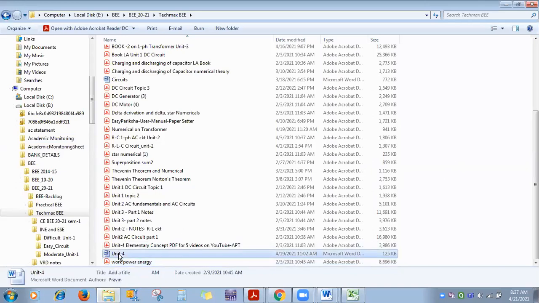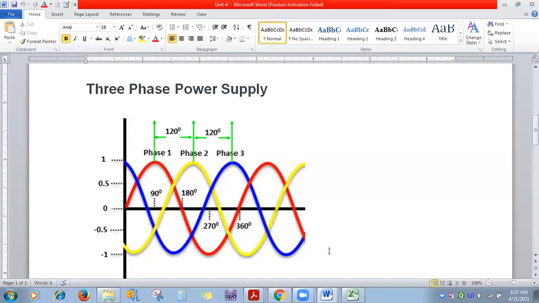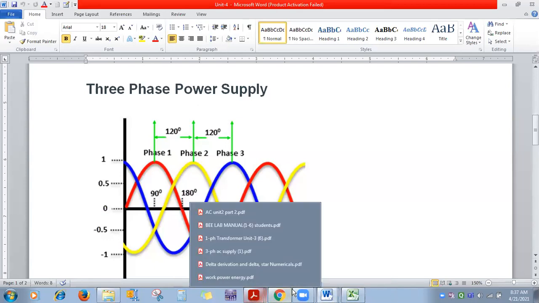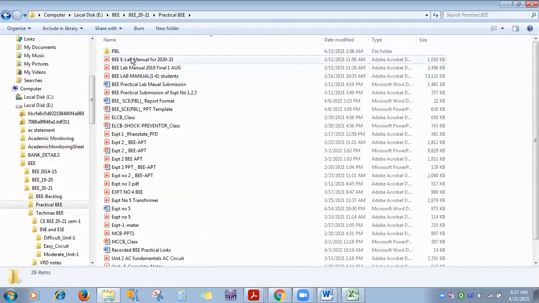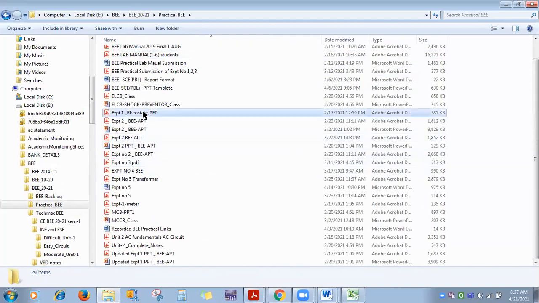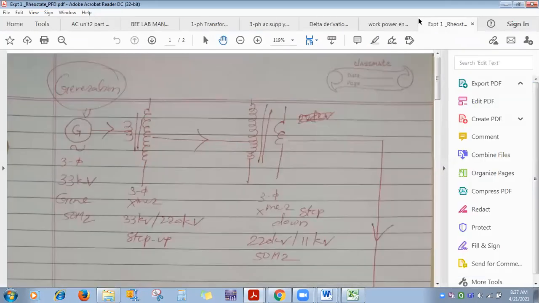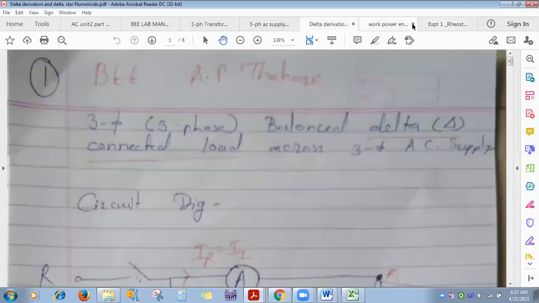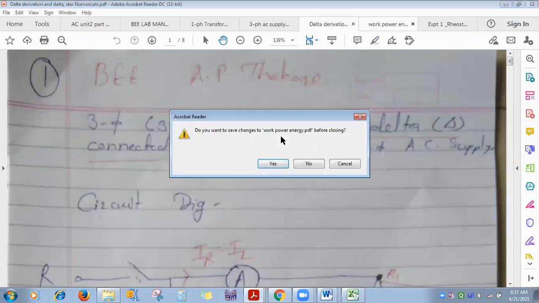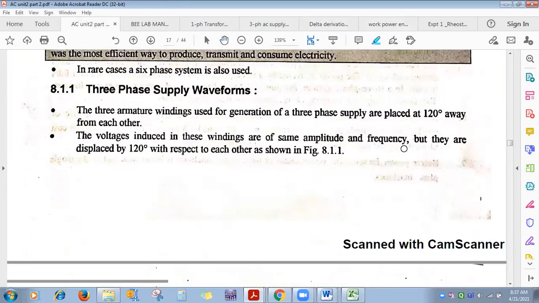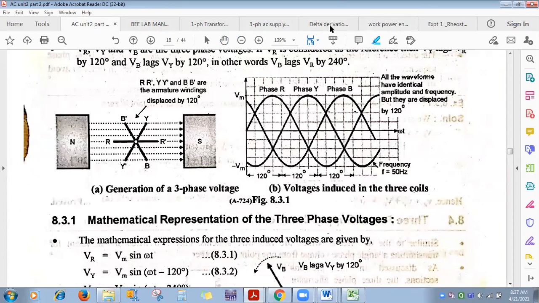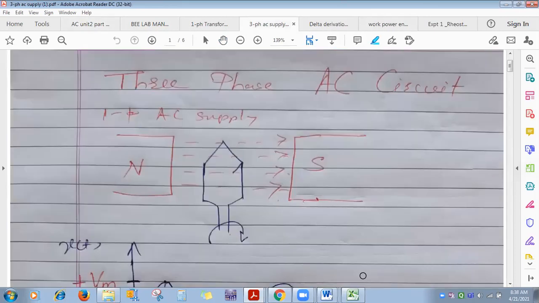Just a minute. Okay. Fourth unit, 3-phase AC circuit.